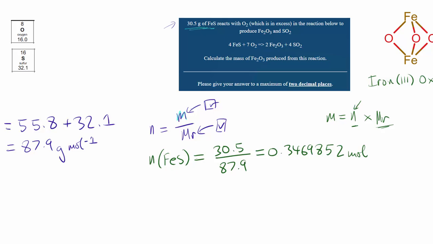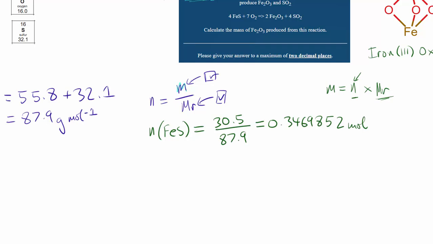What we need to do with this to effectively work out the moles of Fe₂O₃, right? So let's actually go through that process. When we look at FeS in the equation, the coefficient there is 4, right? I'm going to set up an equation here to make the comparison.